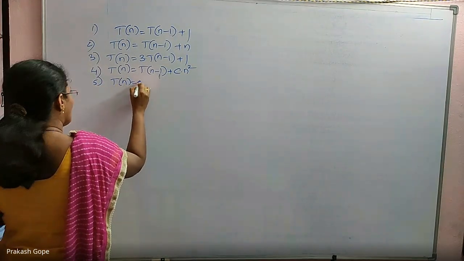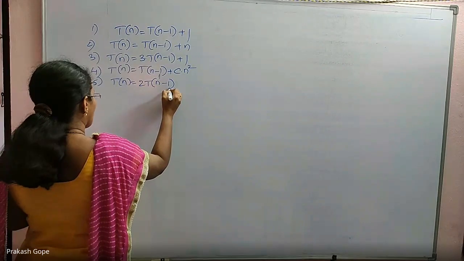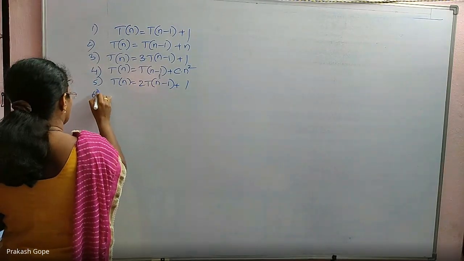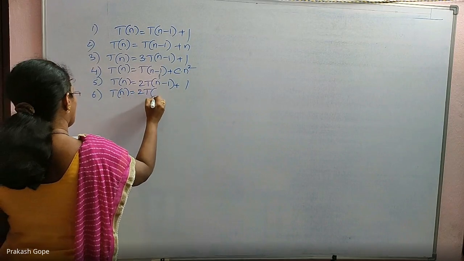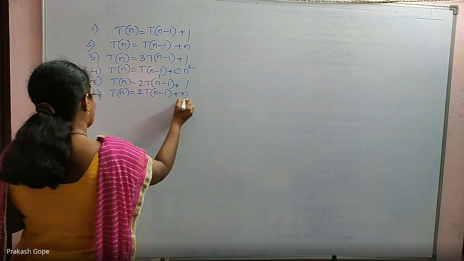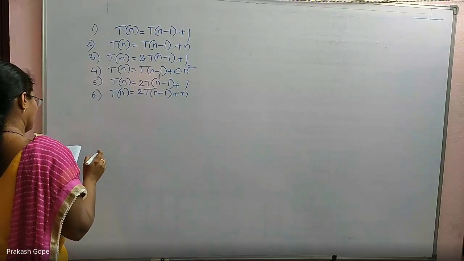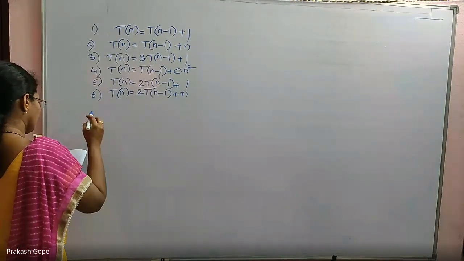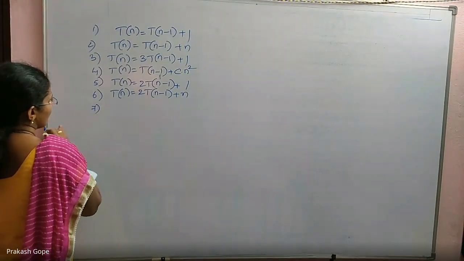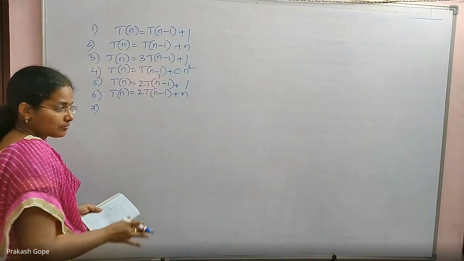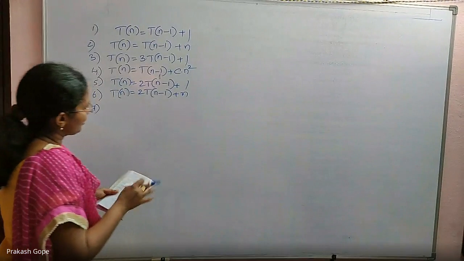T of n is equal to 2 times T of n minus 1 plus 1. T of n is equal to 2 times T of n minus 1 plus n. I'm writing all of them, okay? We'll solve one by one.